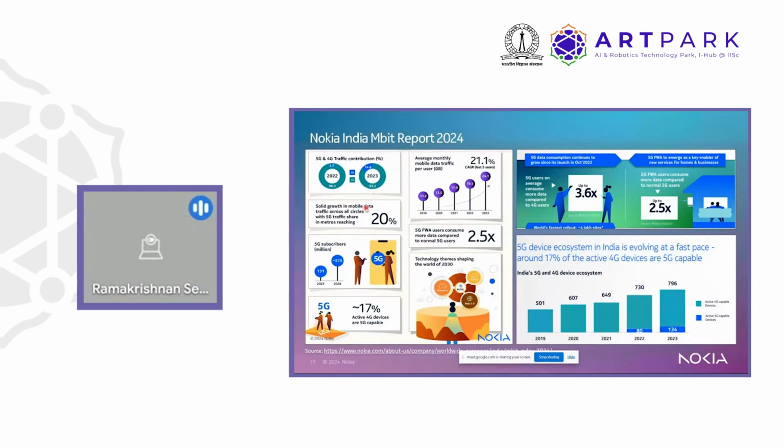You also see solid growth in mobile data traffic across all circles in India, with the metros reaching 20% of 5G traffic share. Close to 17% of active 4G devices are 5G capable. And with 5G subscription migration, you would be able to think about monetizing this a little bit more from an operator perspective.